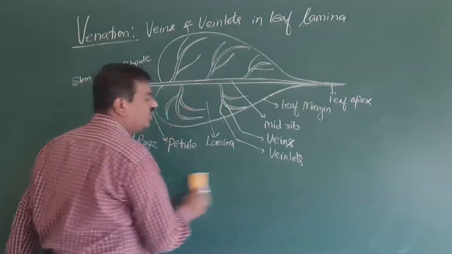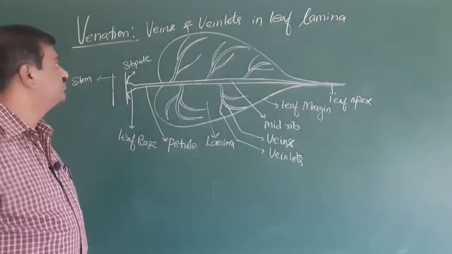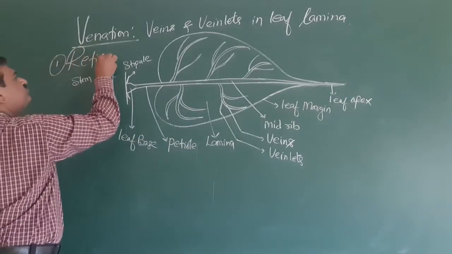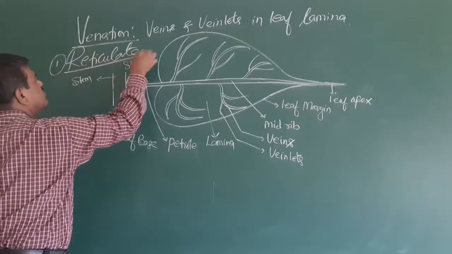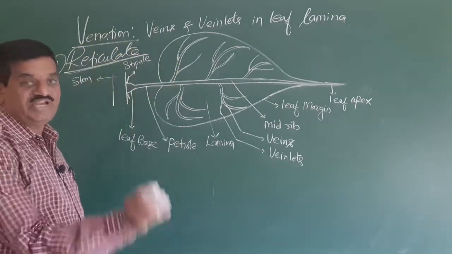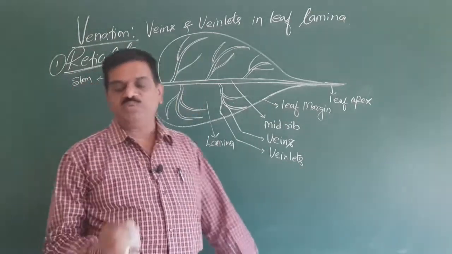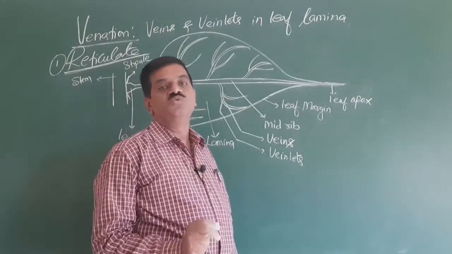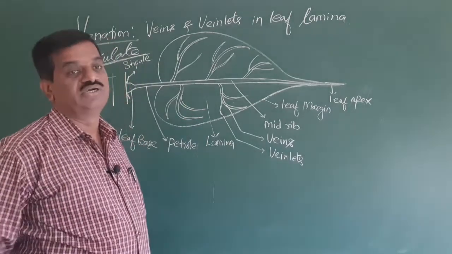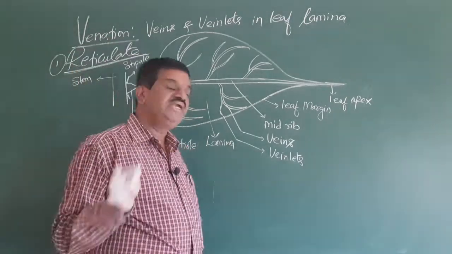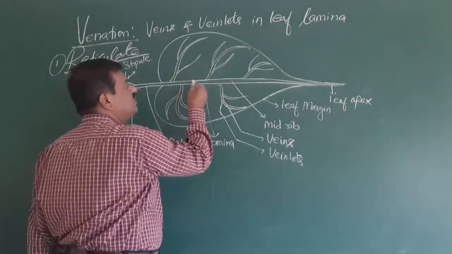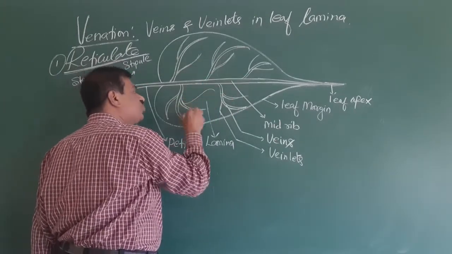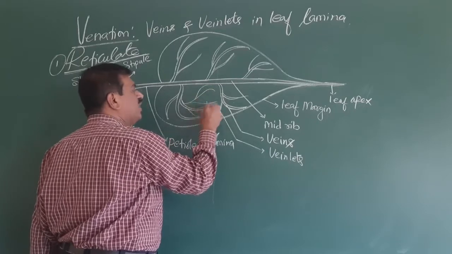Now we are going for two types of venations. The first one is called reticulate venation. Here, the arrangement of veins and veinlets will be in the form of a net or network. We can see there is a presence of veins and veinlets, and this also has some more branchings like this.